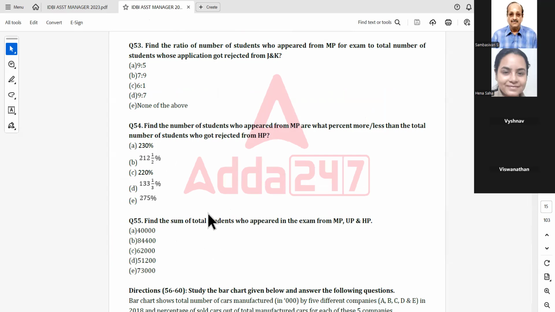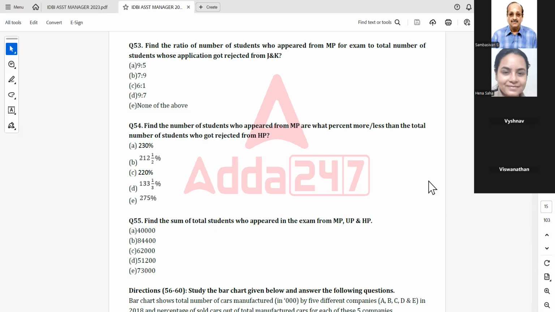Sir, 275, sir. Correct. That is correct. 375, sir. Find the number of students who appeared, less than the number of students who got rejected. Number of students who appeared more or less. How much more? 275% more.